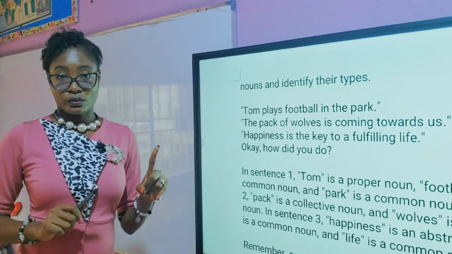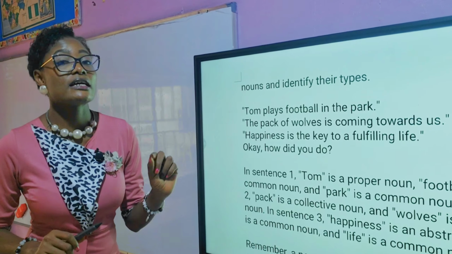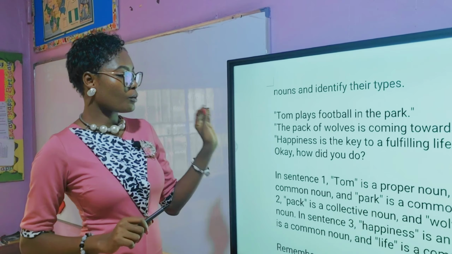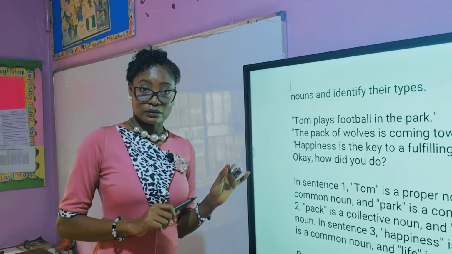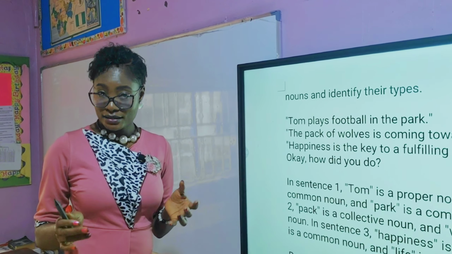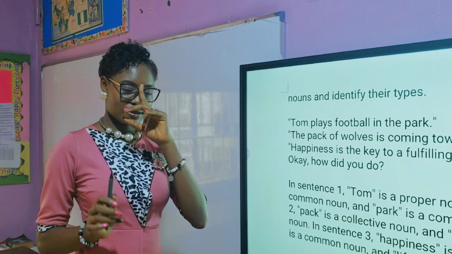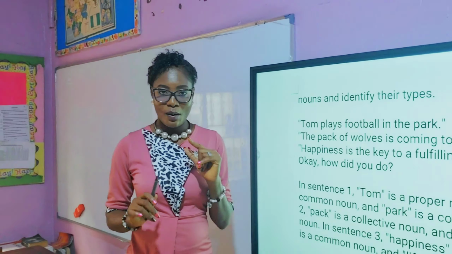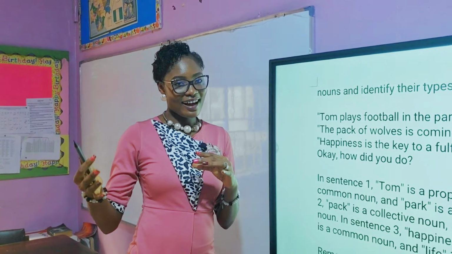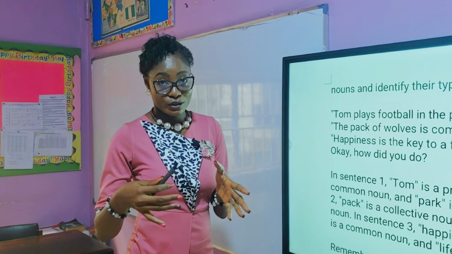Now in sentence number 1, Tom is a proper noun, football is a common noun, and park is also a common noun. So we have 2 of those in that sentence, 2 common nouns, 1 proper noun. I'm sure you remember how we know which is proper and which is common.